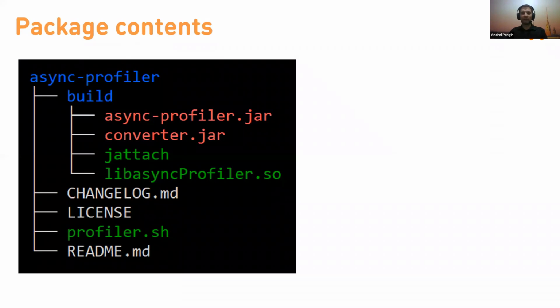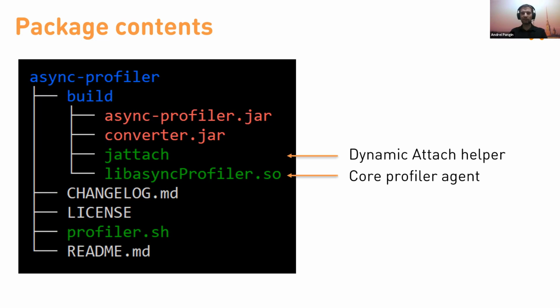Okay, when you extract the package, you'll find a bunch of files there. So this is the core profiler agent and a helper binary that allows you to attach this agent dynamically to a running JVM. So you don't need to start a JVM with any special options in order to profile it with Async-profiler.